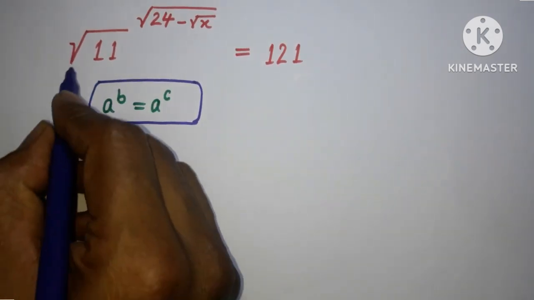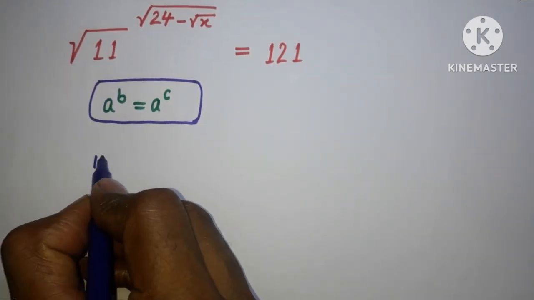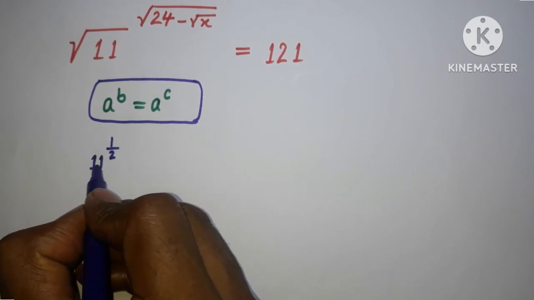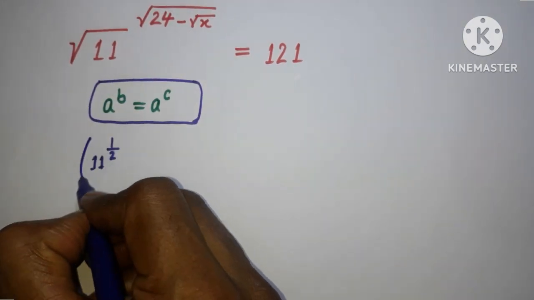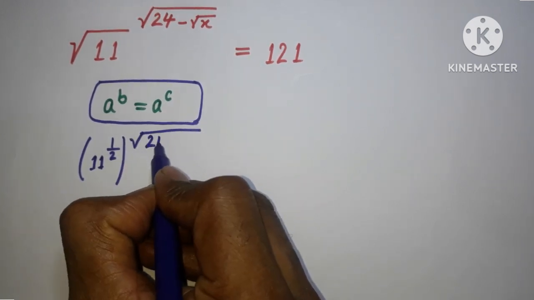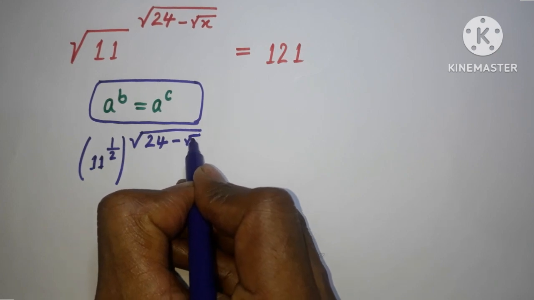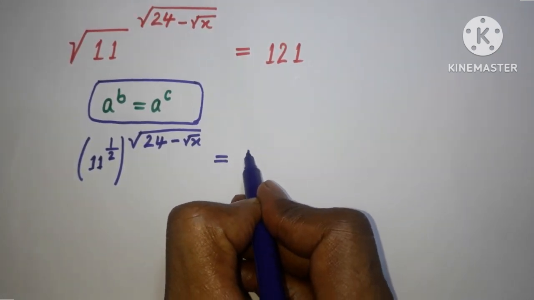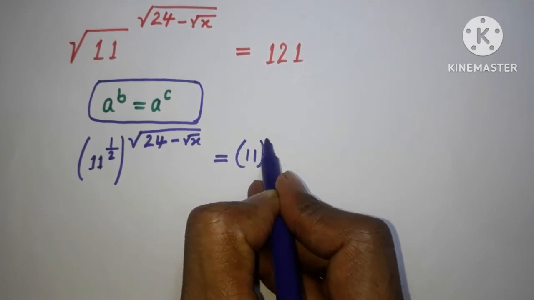Here, root under 11 can be written as 11 to the power 1 upon 2, and this power is already there, so we can write root under 24 minus root under x. That is equal to 121, which can be written as 11 square.